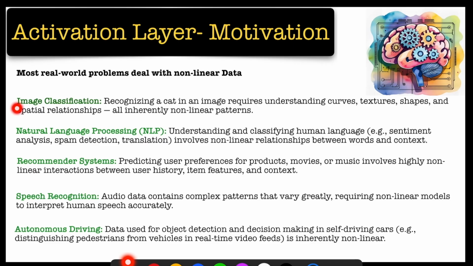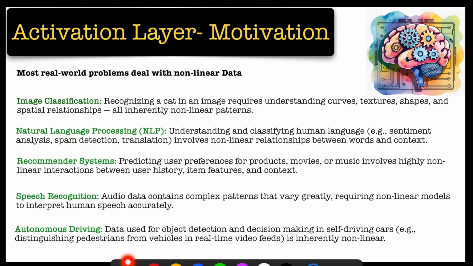Consider image classification. Recognizing a cat in an image requires understanding curves, textures, shapes, and spatial relationships, all inherently non-linear patterns.